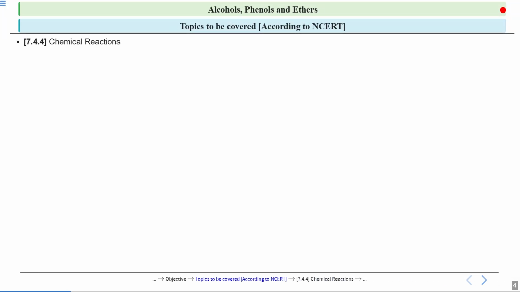For your reference, I have also mapped the NCERT sections which we are going to cover today. So today we are going to cover section 7.4.4, that is chemical reactions. And for your better understanding of the concept, we will solve an NCERT exercise question, that is 7.19.